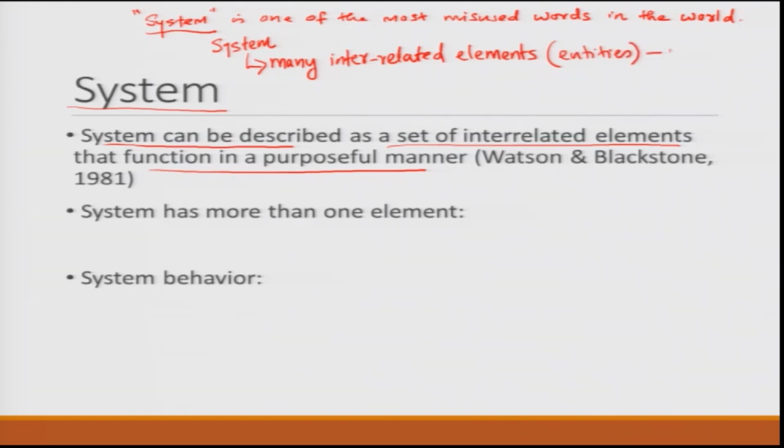These typically include man, machine, money, methods, etc. These are all parts of the interrelated elements of a system, and all these interrelated elements work or function in a purposeful manner, or in a better way to say, they go towards a common goal or common goals.